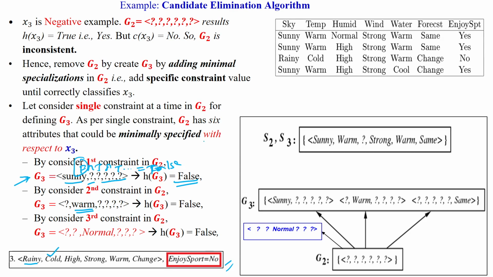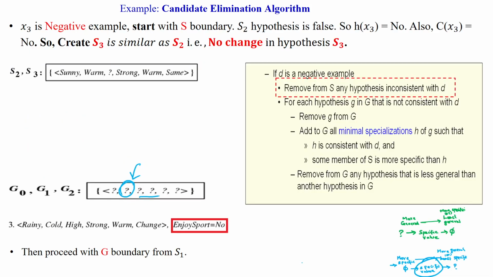So again, we have to check until x3. So what is the next value? For the cold, the other value is warm, so we are applying the warm here. Then the remaining are kept the same as given in the G2.